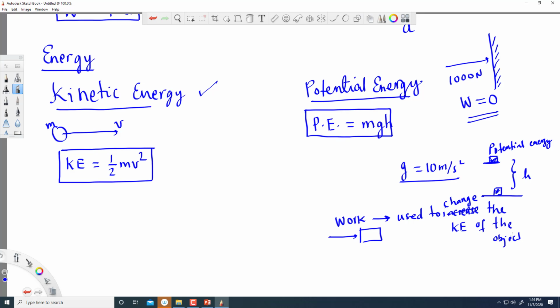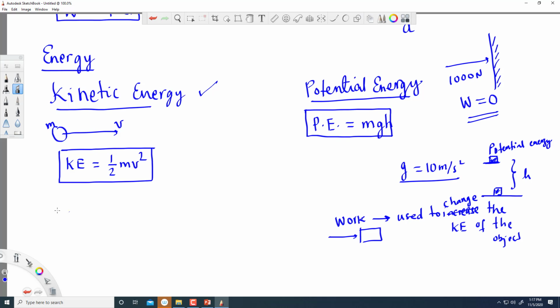I can change the speed of the object. I can decrease the speed or decrease the kinetic energy. If it is moving in this way and I push it, I did some work on that object, and my work is used to change its kinetic energy. So I can either increase or decrease the kinetic energy depending on which way I do the work.